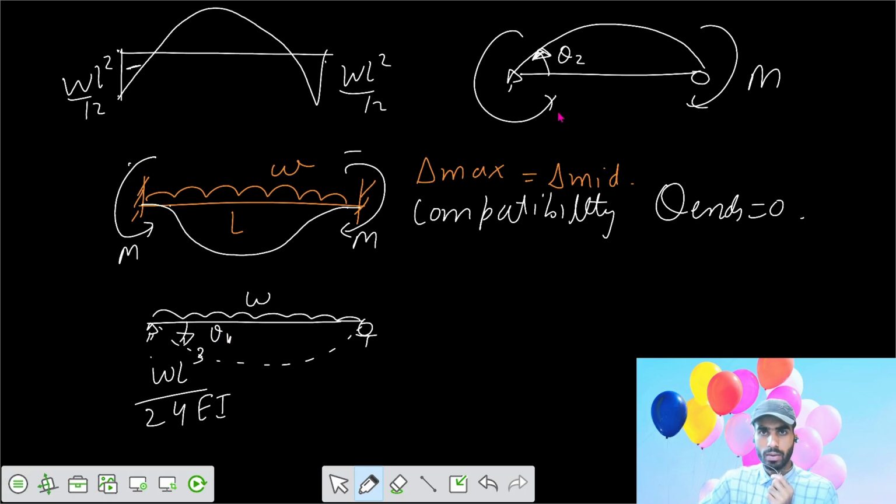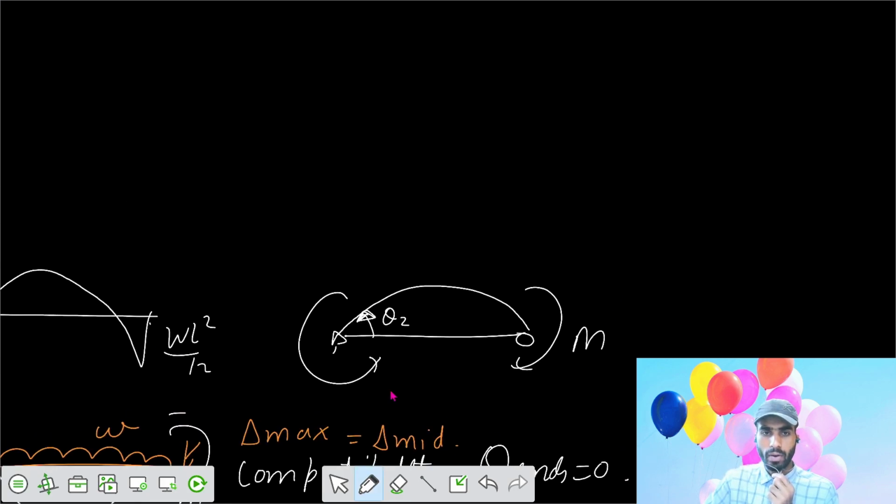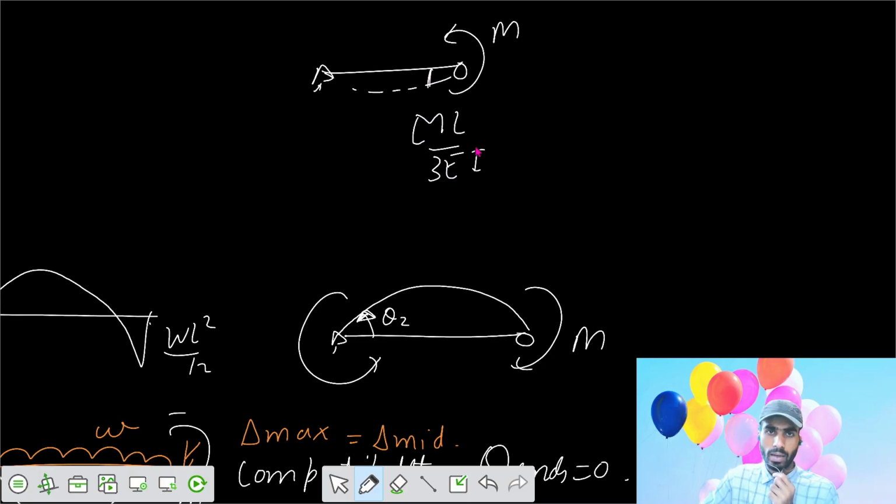We know that if you have a simply supported beam and you apply moment on one of the supports, theta near equals ML by 3 EI, and theta far equals ML by 6 EI.